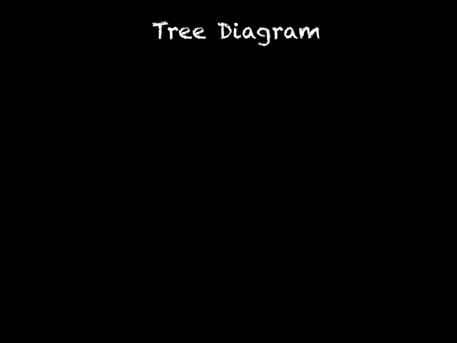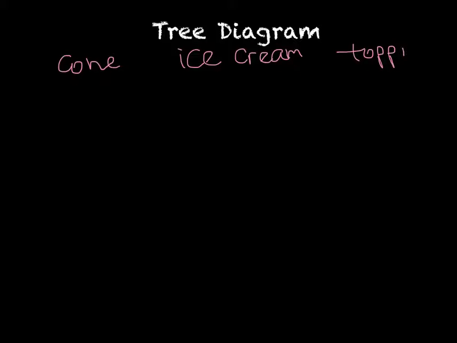So, for example, let's say that we have an ice cream shop that allows you to choose your type of cone, your type of ice cream, and what topping you want.